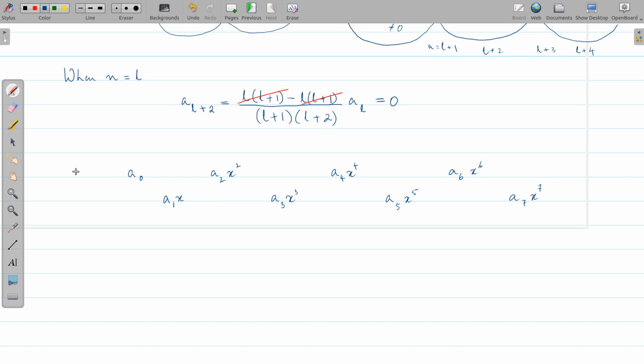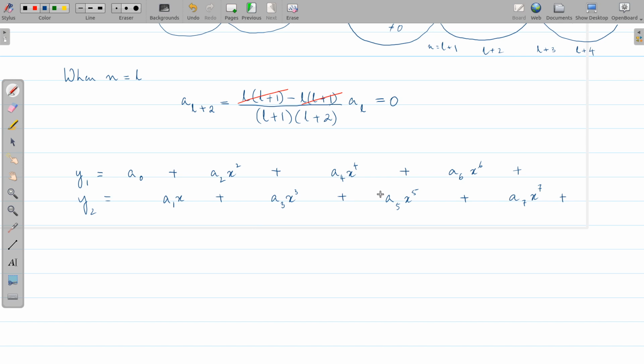Okay, so this is going to be your y1. So y1 is going to be this plus this plus this plus this and so on. And what is y2? Y2 is going to be this part, right? This is what we have already established.